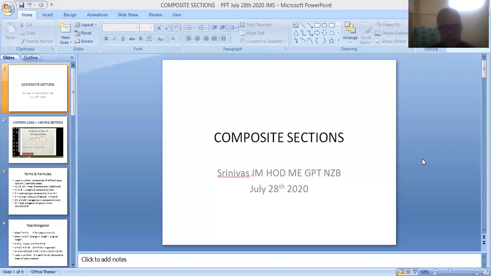So friends, this topic has to be divided into four categories: uniform loads, uniform cross sections; uniform loads, varying cross sections; varying loads, uniform cross sections; and varying loads, varying cross sections.